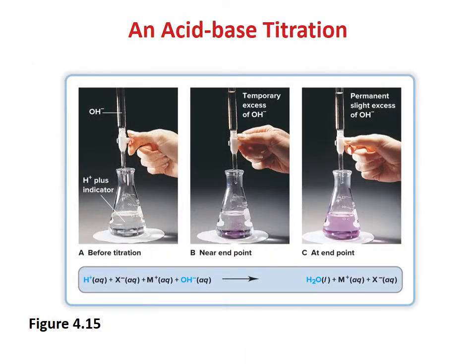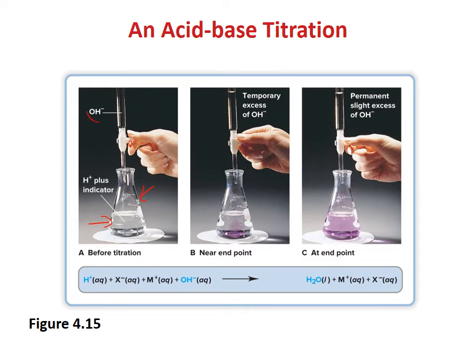This diagram shows an example of an acid-base titration. So this is an Erlenmeyer flask, which contains an unknown acid with the indicator. In this case, the indicator may be phenolphthalein, which is colorless in acidic condition.